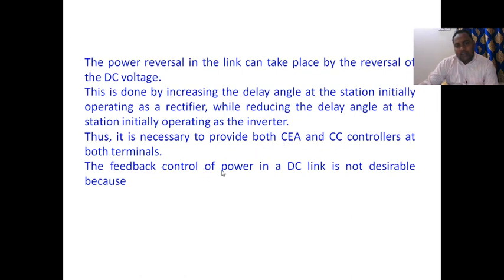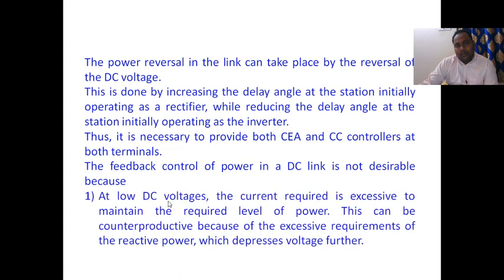Feedback control of power in a DC link is not desirable because at low DC voltages the current required is excessive to maintain the required level of power. This can be counterproductive because of the excessive requirement of reactive power, which depresses voltage further.